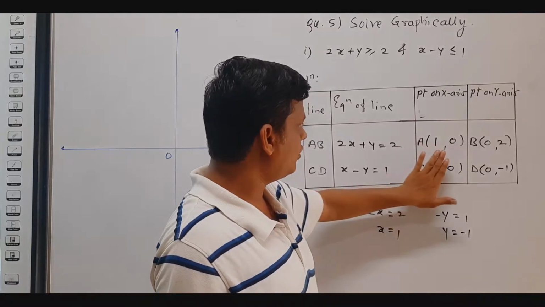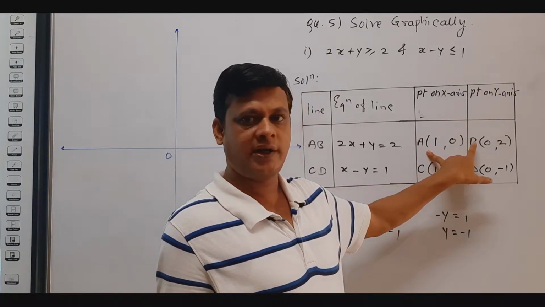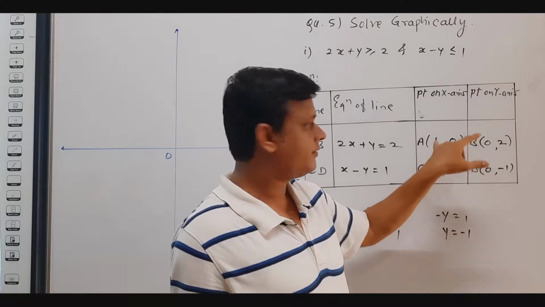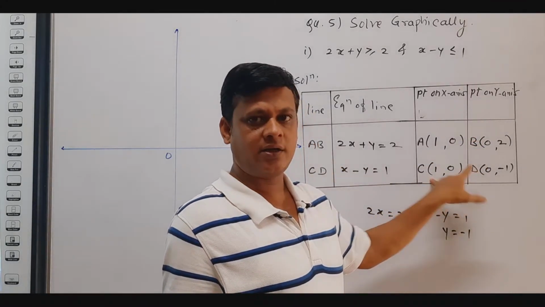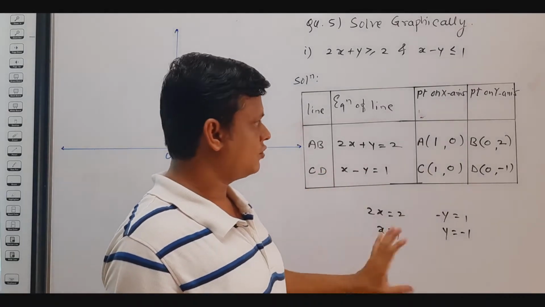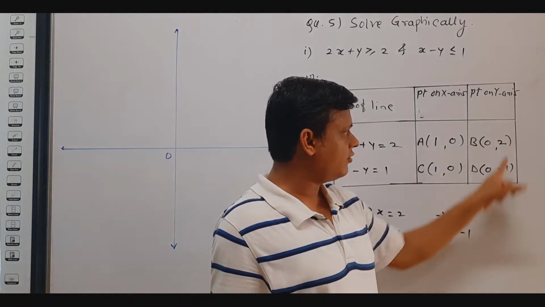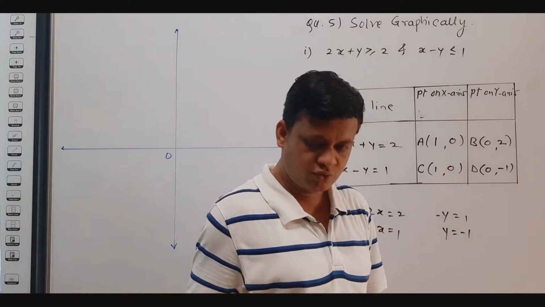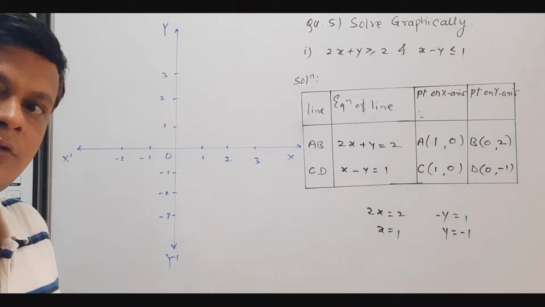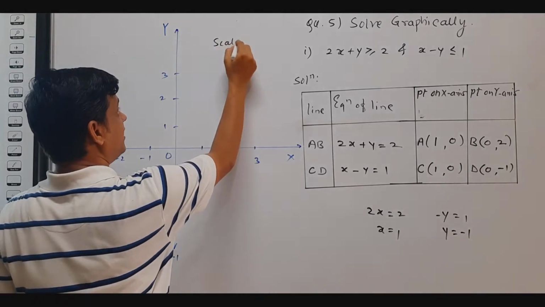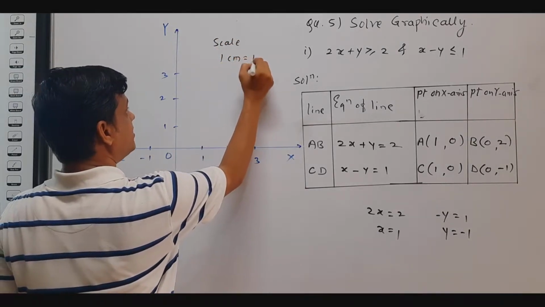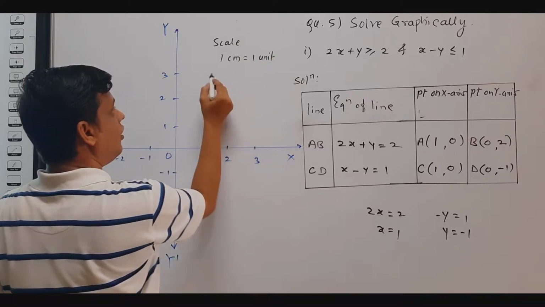Now we know the coordinates of two points on line AB and two points on line CD. We first observe the greatest value, which here is 2. So we consider the scale as 1 centimeter equals 1 unit on both axes.